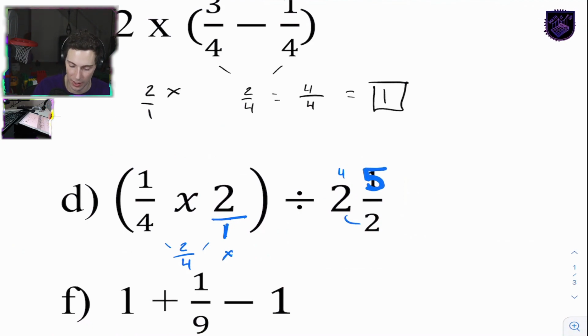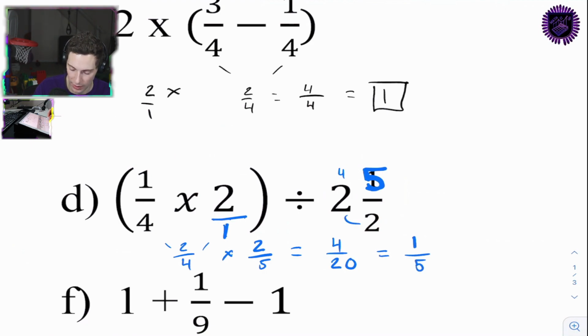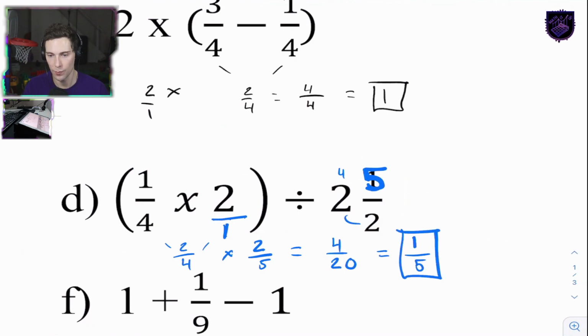So it's going to be times 2 over 5, and that will be equal to 4/20ths, which will be equal to 1/5. That's our answer right there, 1/5. Weird, right?